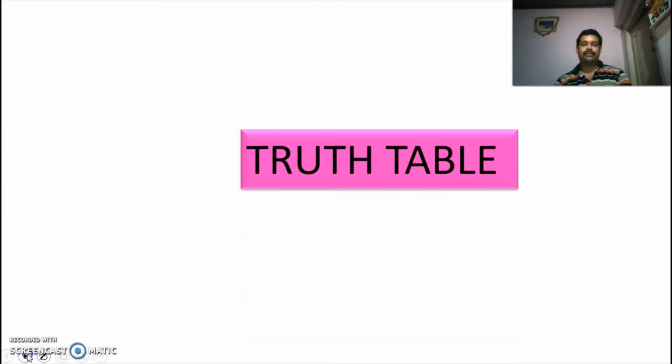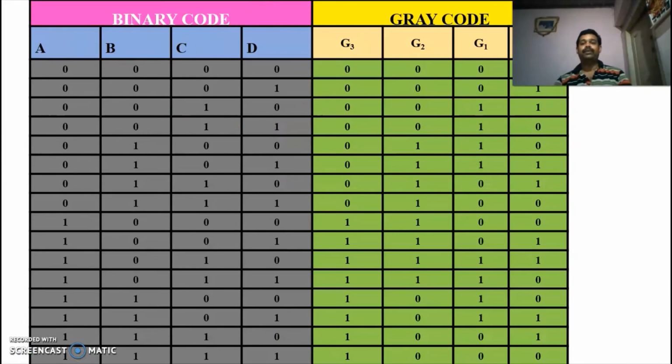So next is the truth table, binary to gray. Your truth table will be having 8 columns, 4 for binary and 4 for gray. First, by using the 8421 code, you have to write from 0 to 15.